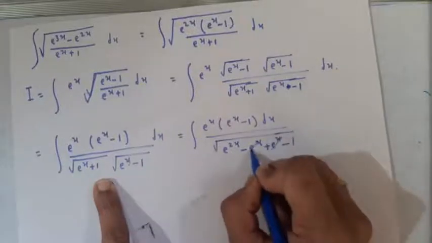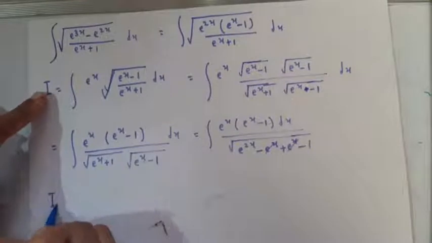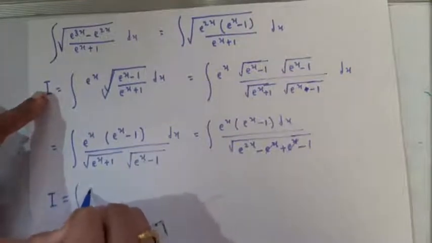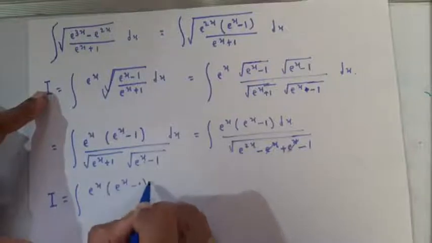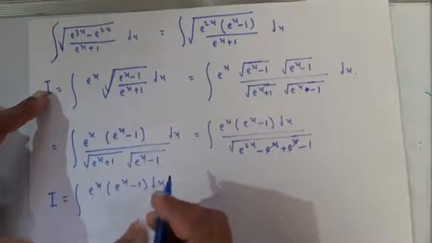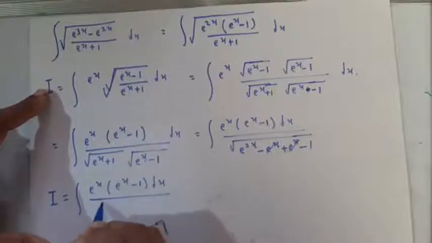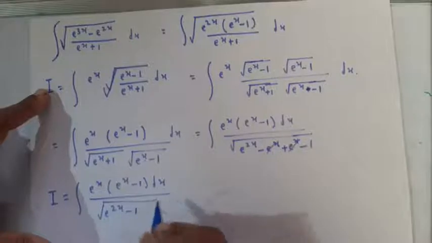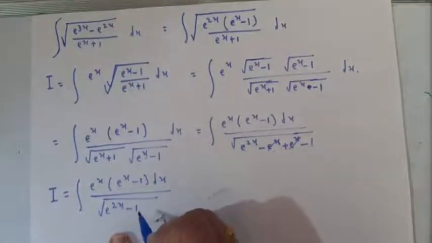The terms get cancelled, and here we have the integrand: integration of e raised to x into (e raised to x minus 1) with respect to x upon square root of e raised to 2x minus 1.